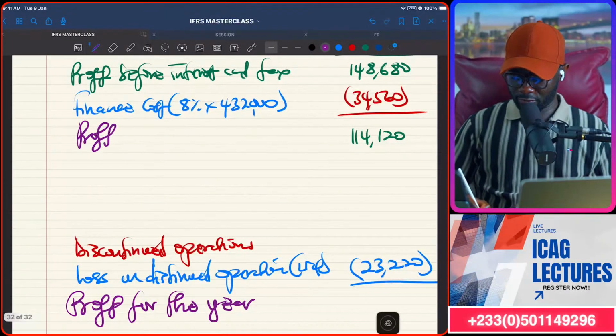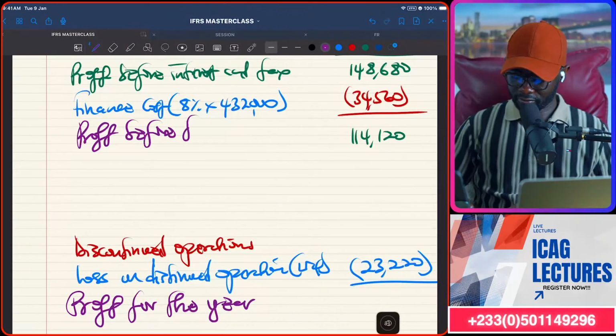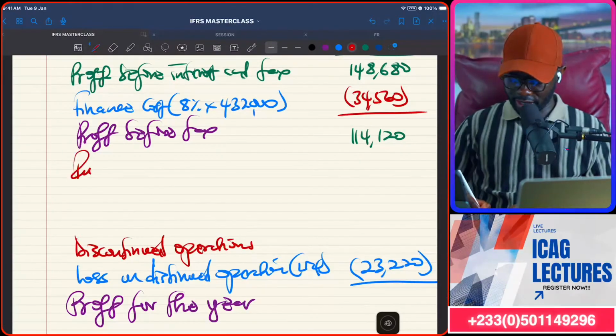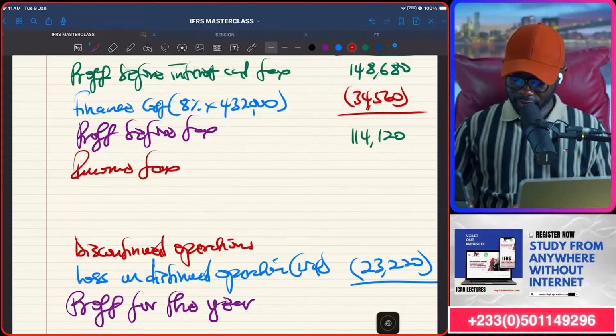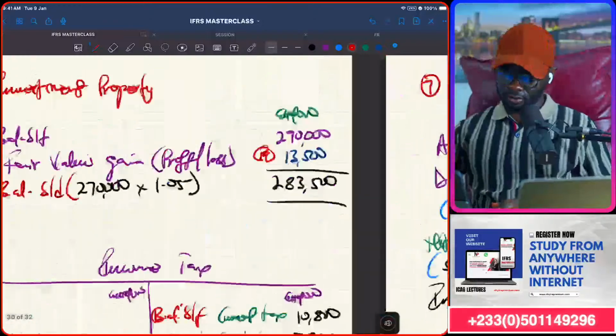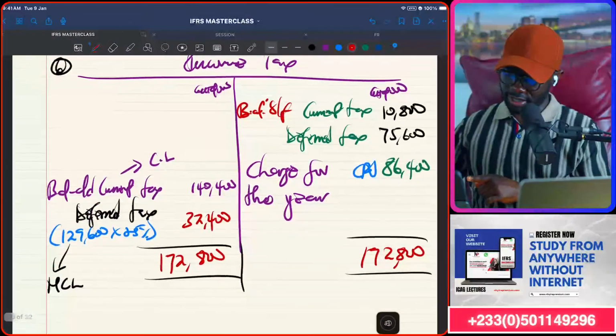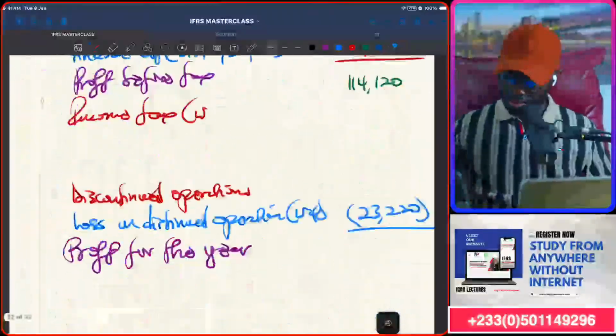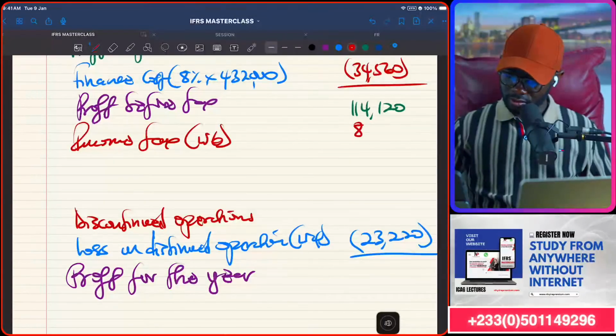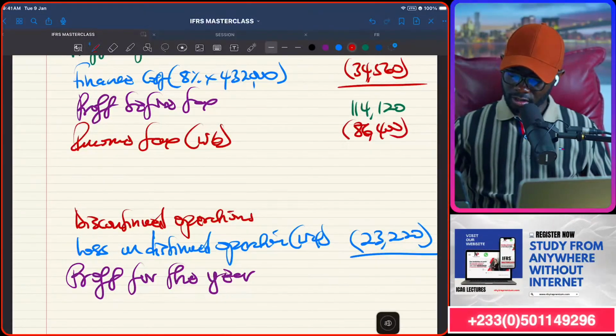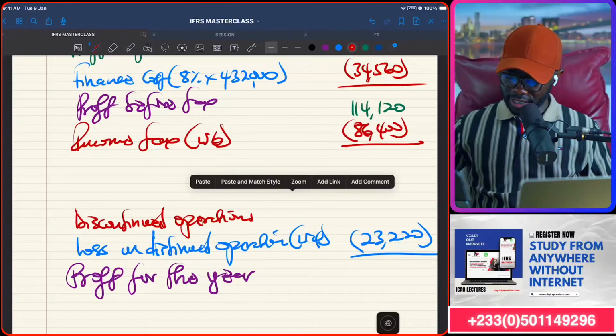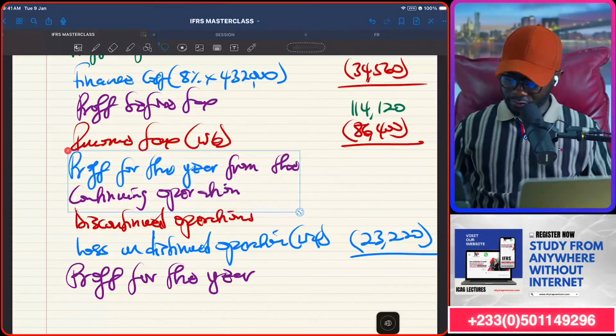So this will be profit before tax. So we can bring in the income tax that we worked for here, working 6, 86,400. So that gives us the profit for the year.